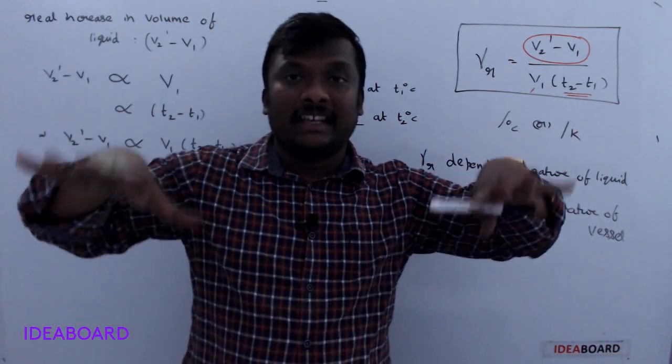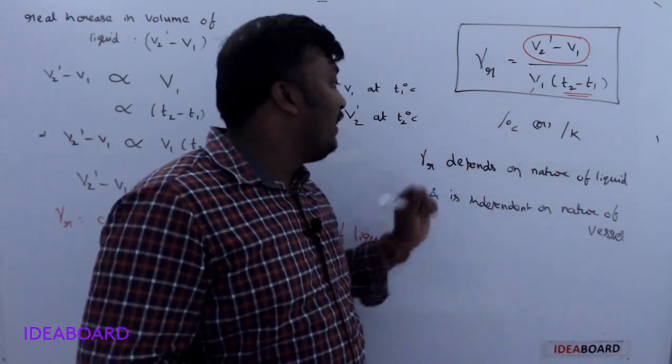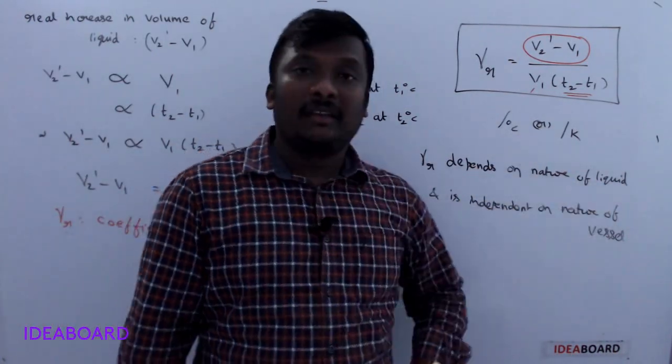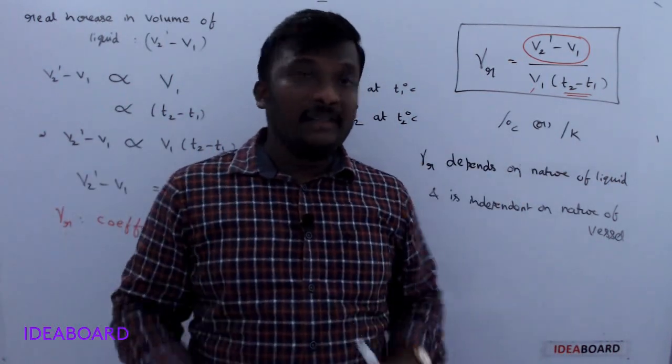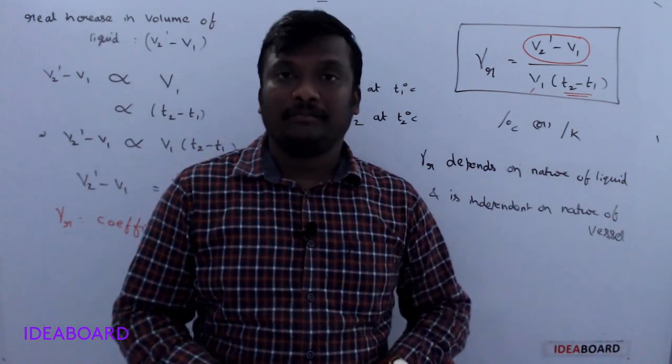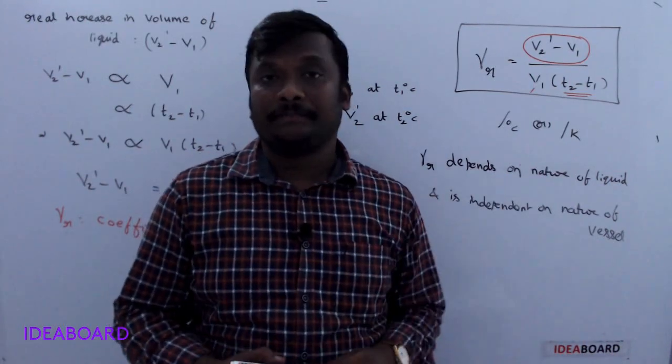That's why gamma A changes for both of them. But gamma R depends only on the liquid, and we take milk in both vessels. That's why gamma R is the same, but gamma A is different.